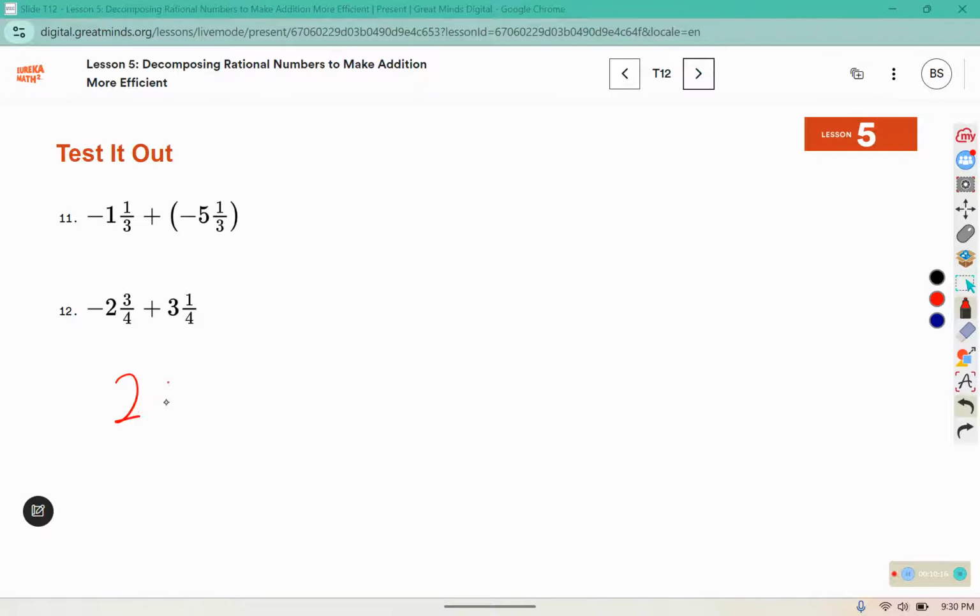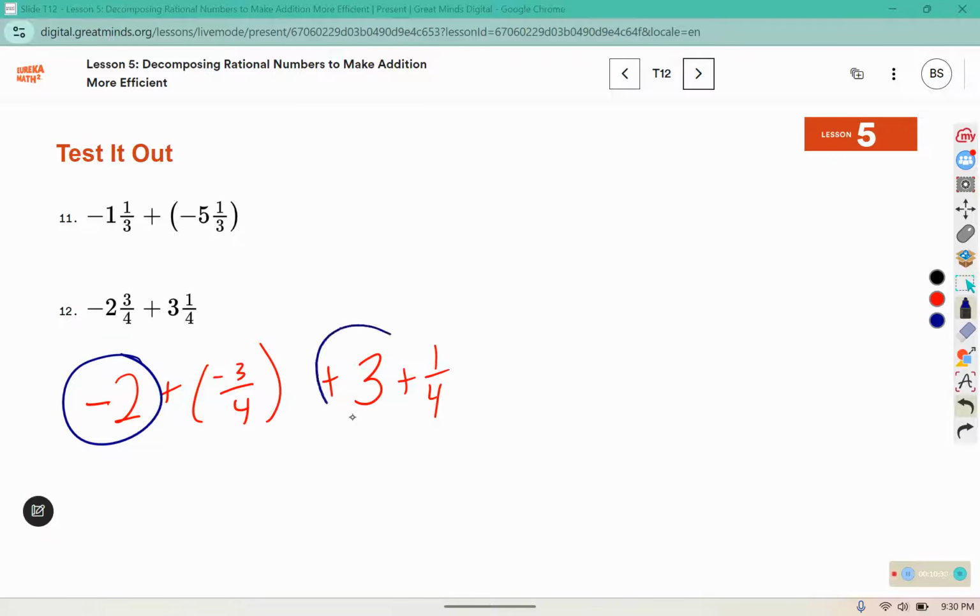This would be negative 2 and negative 3/4 plus a positive 3 and a positive 1/4. Negative 2 and 3 combine to make 1. Right, we'd go backwards 2 and forwards 3, so we'd end up at 1.